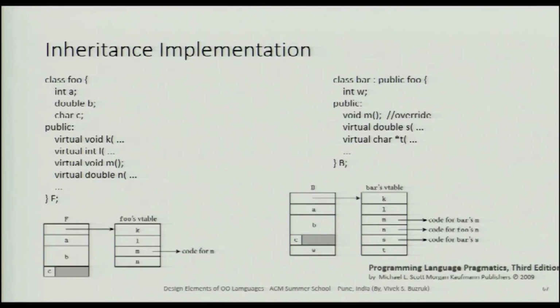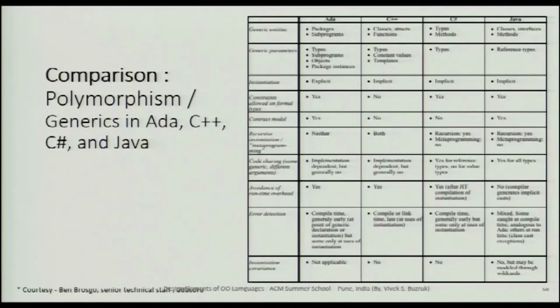The position of m is the same here, it is 3. So whenever the m function is called, even if a variable b is assigned something of type foo, bar's m will be called and not foo's, correct. You must be aware of that, right.